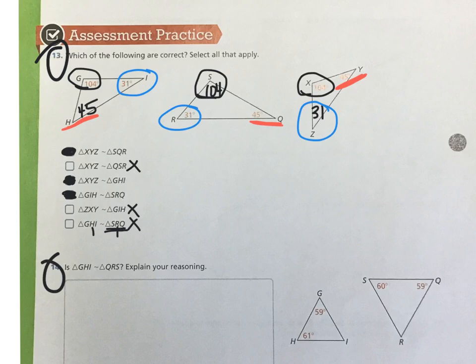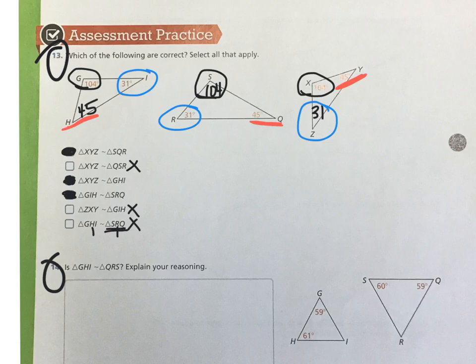S is black, Q is red, and R is just like Z, it's blue. So I did the same thing for triangle XYZ is similar to triangle GHI, and I did it also with triangle GIH is similar to SRQ. They follow a black, blue, red combination.